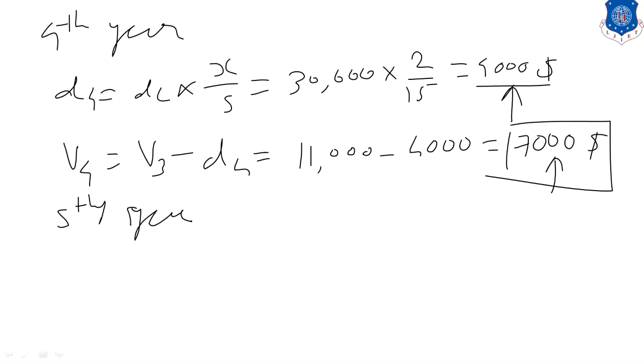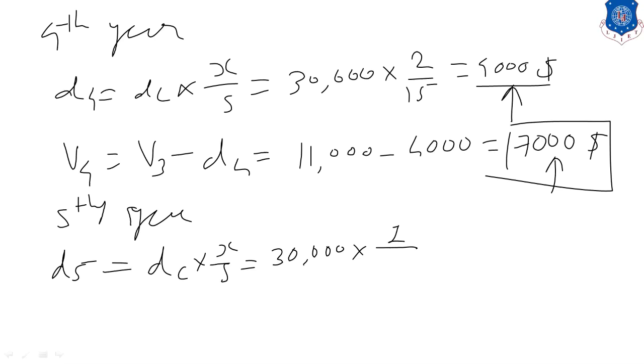So now let's calculate for the fifth year. The depreciation for the fifth year can be given by DC multiplied by X by S, where DC is 30,000. The remaining service life is 5 years, so there is only 1 year remaining for the fifth year. 1 upon 15 is equal to $2,000.